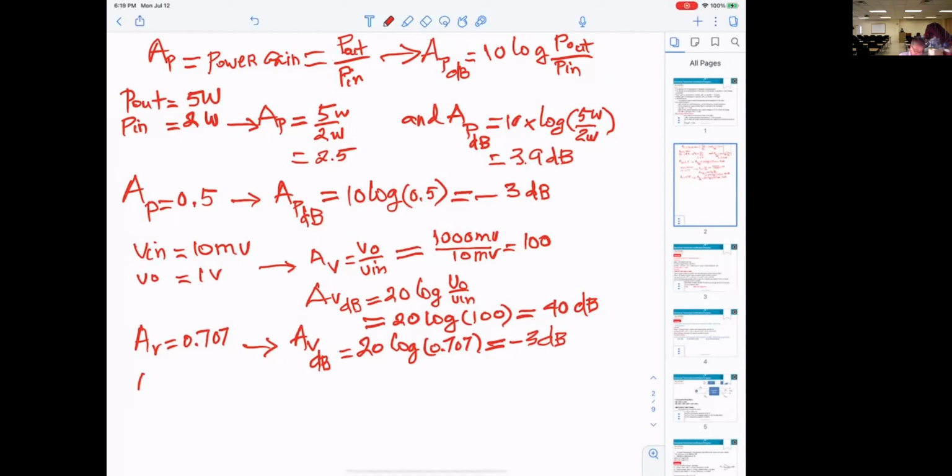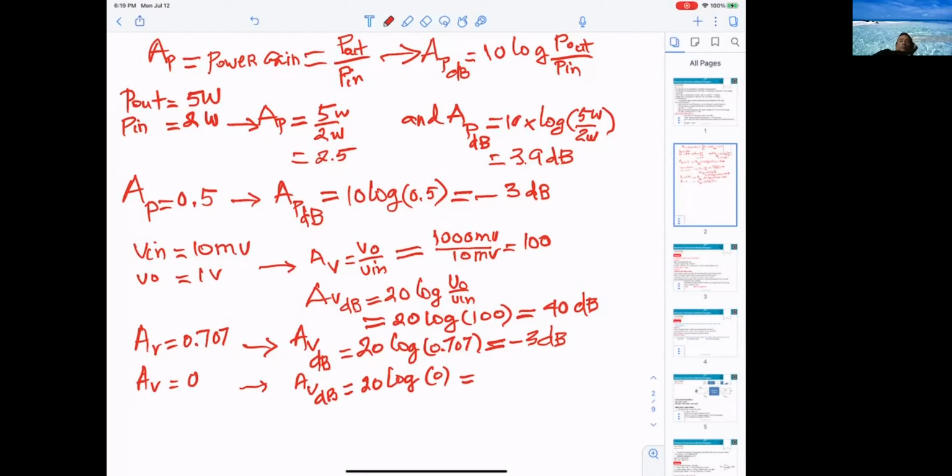And one more thing. I get AV equal 1. AV in dB? Zero.